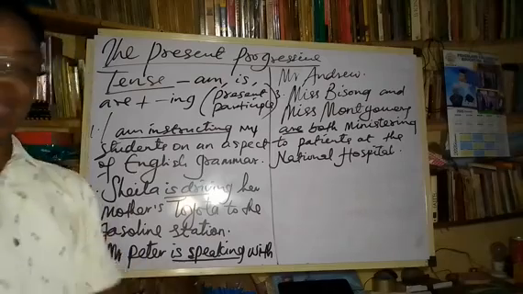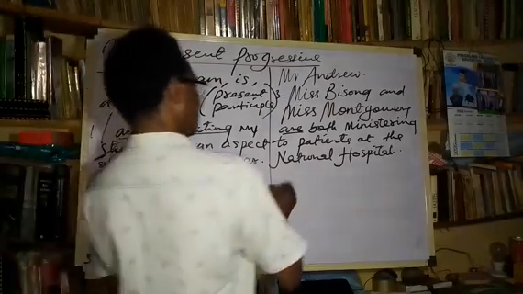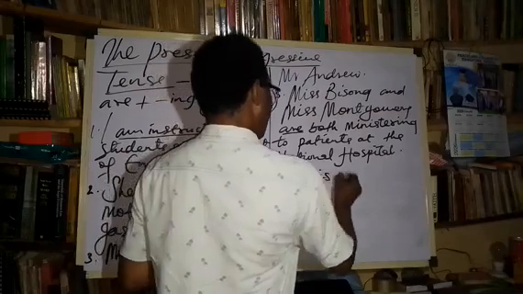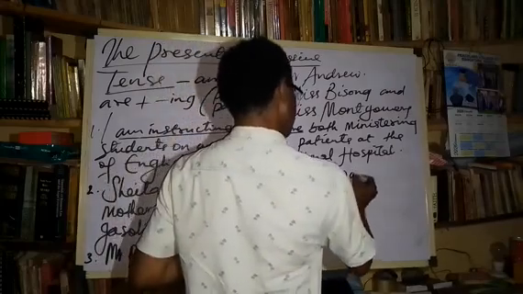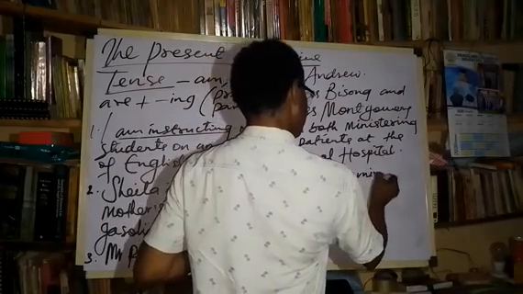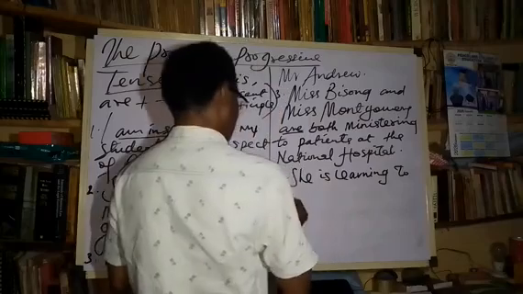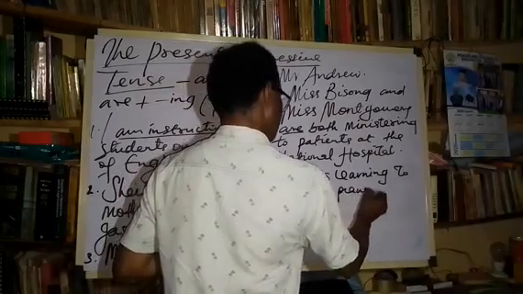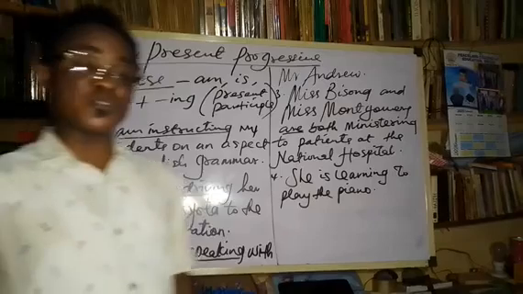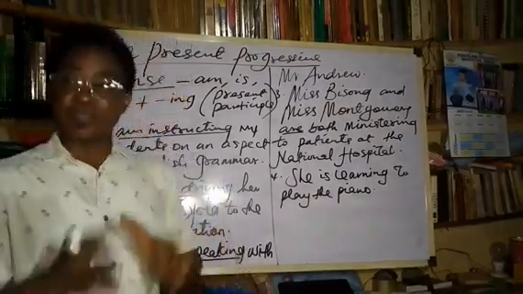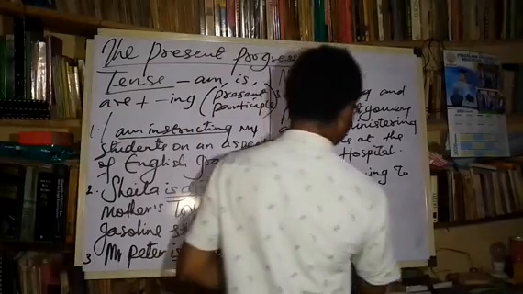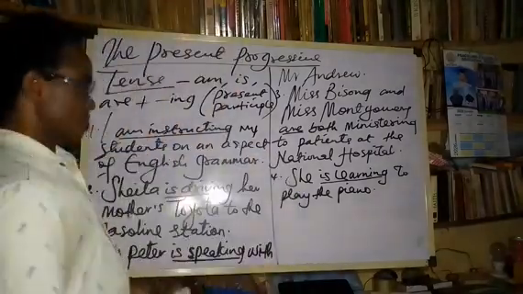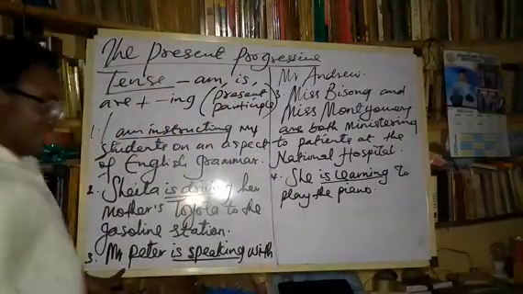We can also use pronouns. For Sheila, she is learning to play the piano. She is learning to play the piano. For Peter, masculine, still singular.